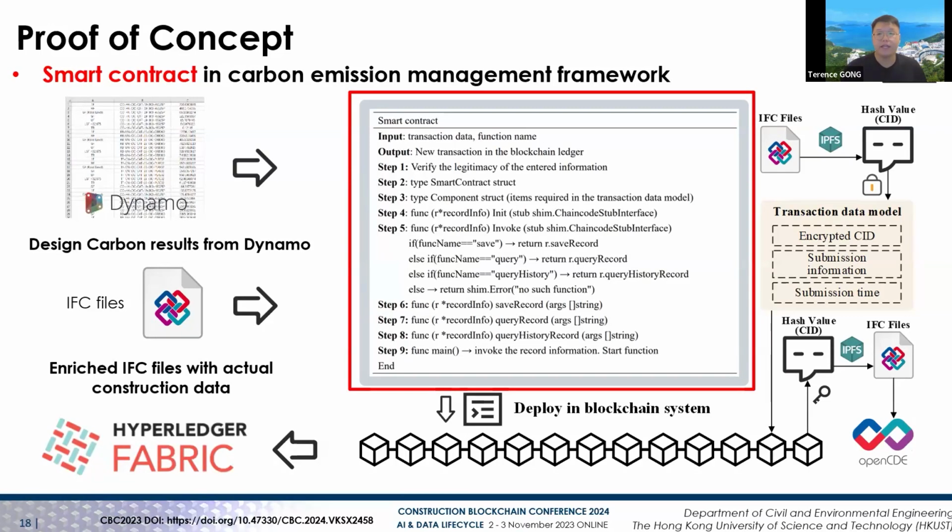In this way, in the different supply chain steps or different stages of construction, the carbon related data can be tracked. And we can know what kind of carbon emissions come from the different departments, the different regions, or the different parts of the building.